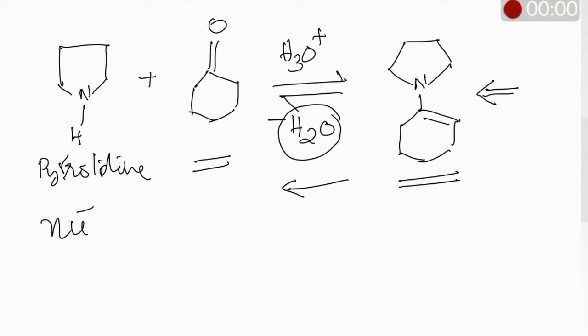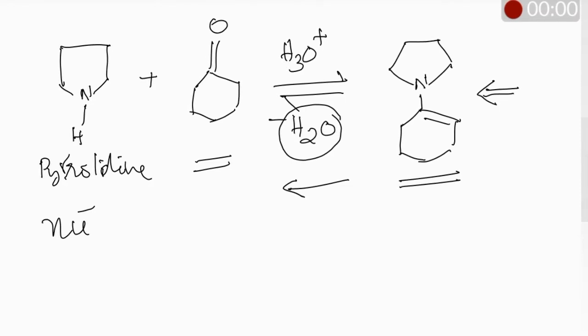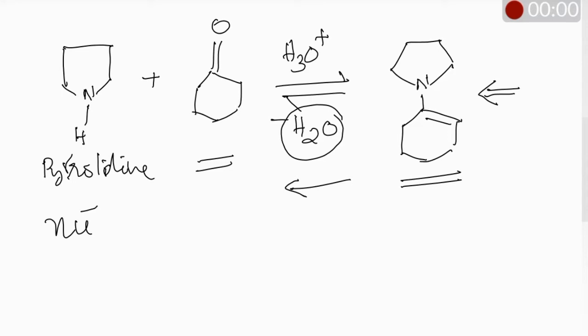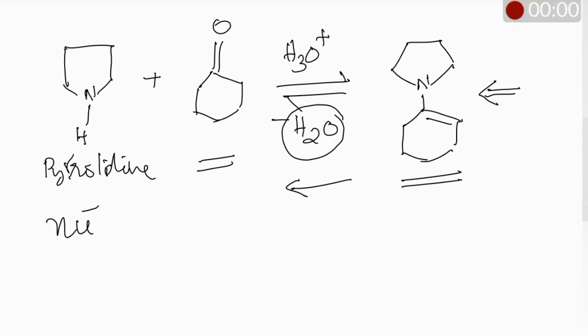And the final step is the hydrolysis of the iminium salt to form the aldehydes or ketones. Some of the advantages of using an enamine over an enolate are that enamines are neutral, easier to prepare, and usually prevent the overreaction problems caused by the enolates.